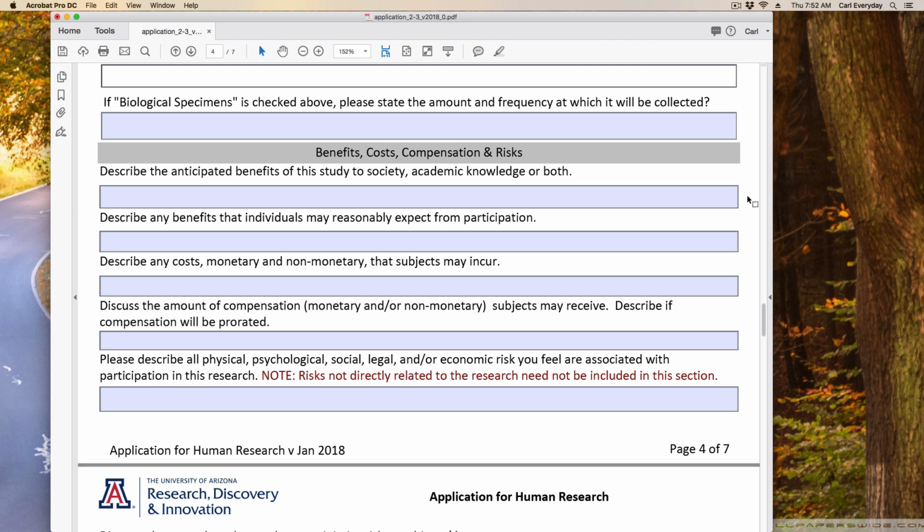Privacy and confidentiality. Here again, they want to know exactly where the data is going to be stored and how it's going to be stored. You'll notice Box at UA. They want to know that wherever you're putting this stuff, it is properly secured.